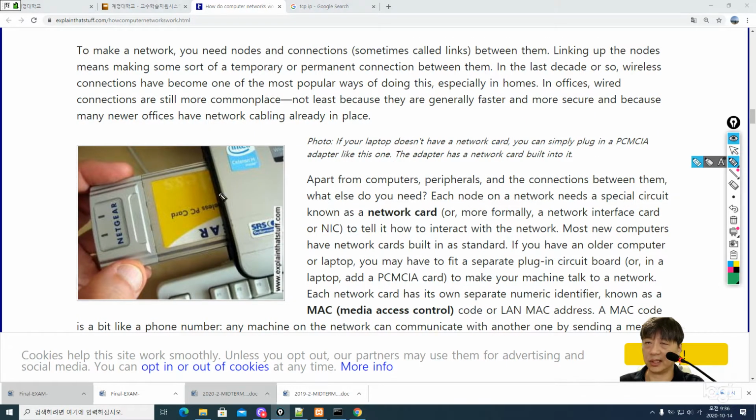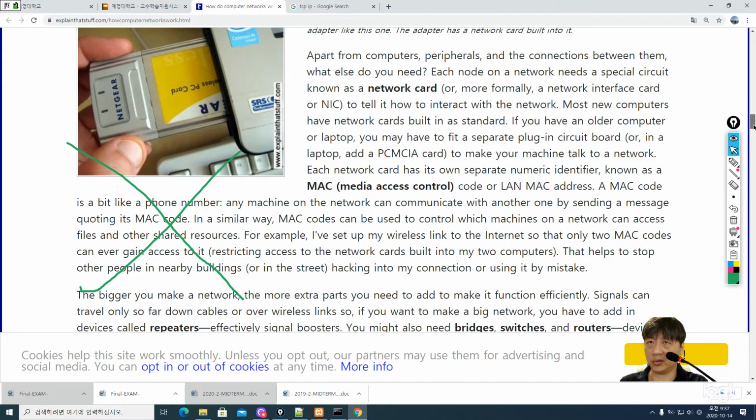That's actually a very old, like a PCMCIA. Nobody uses that stuff anymore, so you can ignore that. Although you can get a small USB. Everybody has a built-in. You should know what it looks like. The network card. We talked about that.